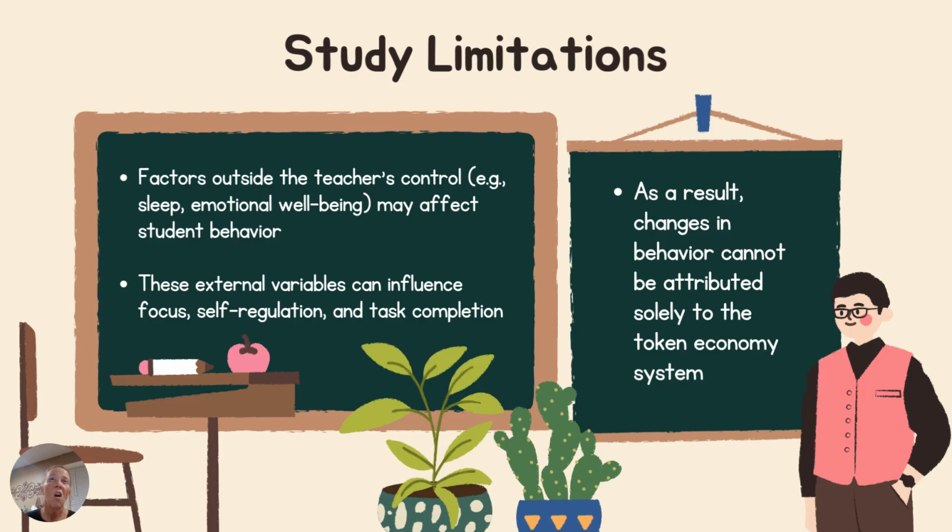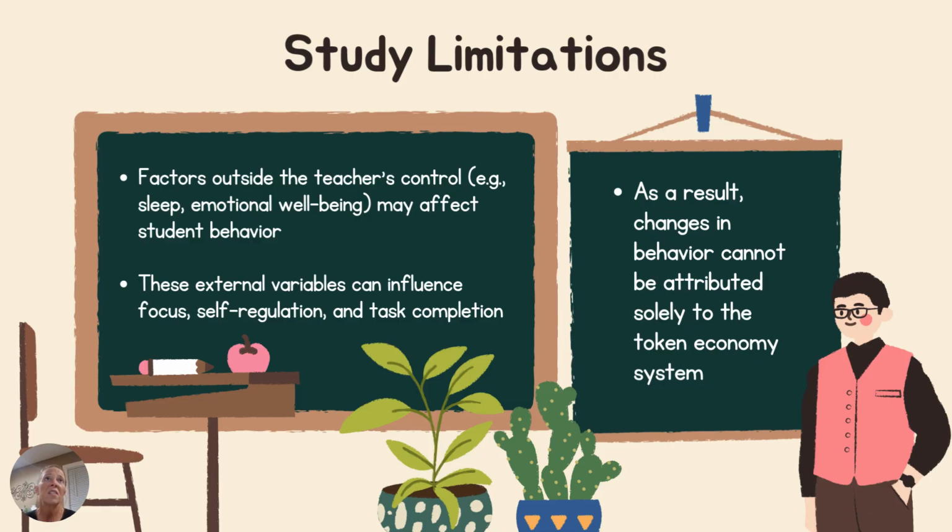Within the majority of studies that are conducted, there are factors outside of someone's control. Factors outside of the teacher's control during this would be things like sleep and emotional well-being. Did the child get in trouble in the class before they came to math? Did they eat breakfast? I have a student that if she doesn't eat breakfast, goodness, we have a day.